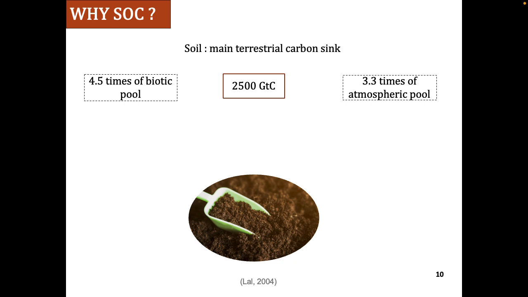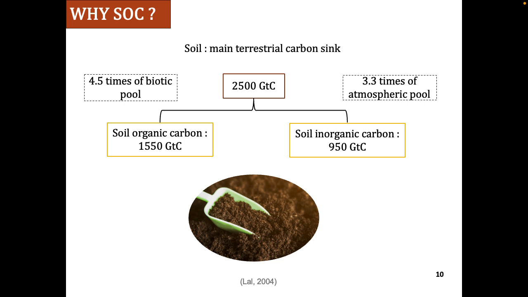That carbon sink is divided into two different types of carbon: the soil organic carbon and the soil inorganic carbon, and mainly we have the soil organic carbon with that quantity, and that is the SOC.